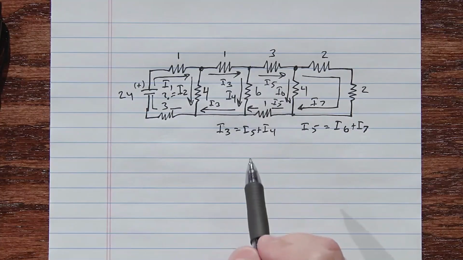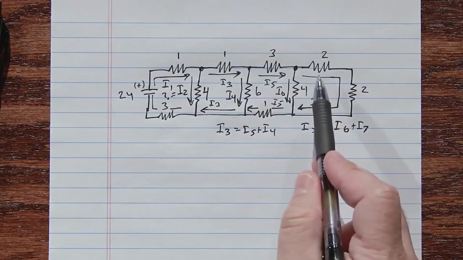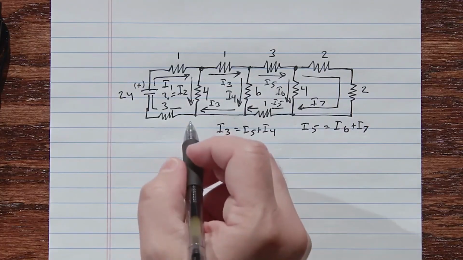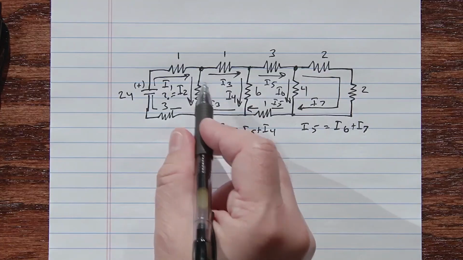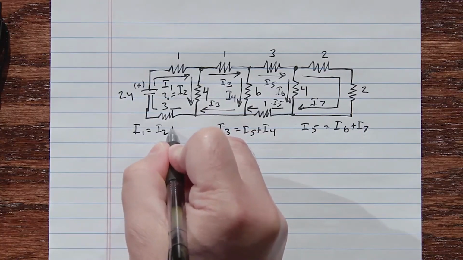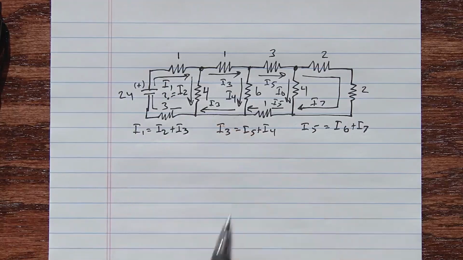I3 is I5 plus I4. I5 is I6 plus I7. And I1 is equal to I2 plus I3. And that gives us 3 equations.